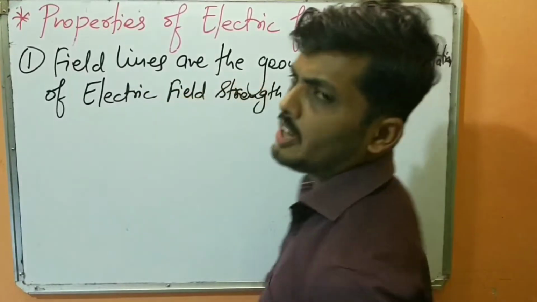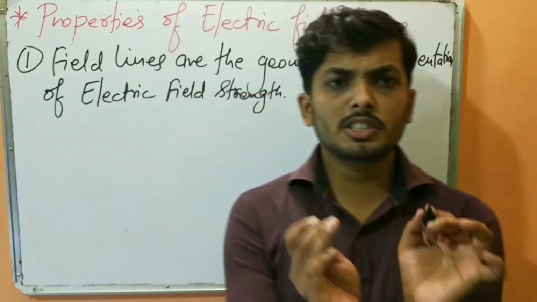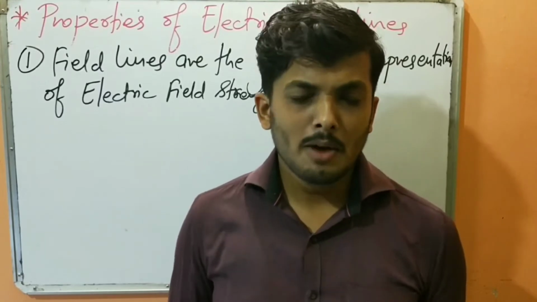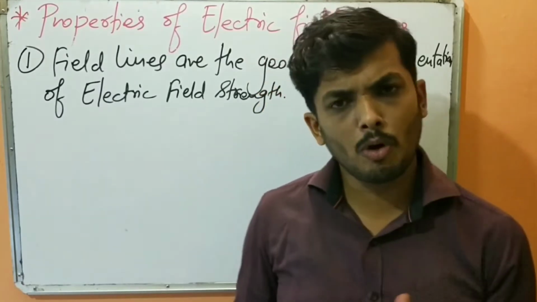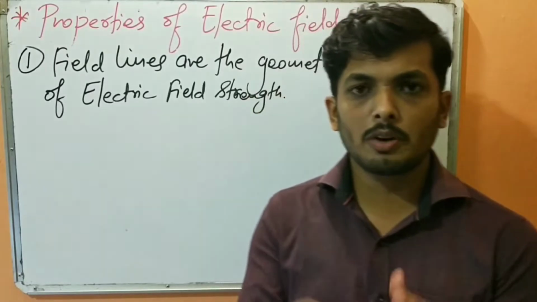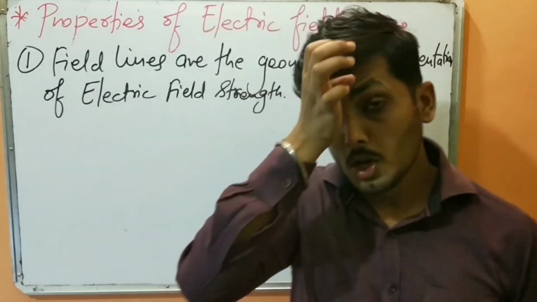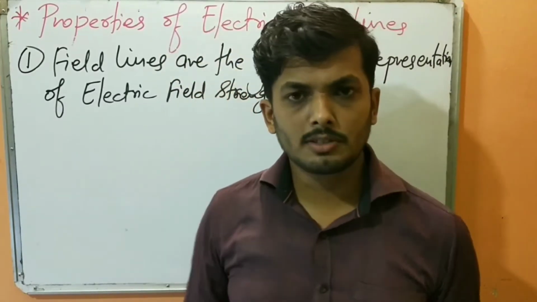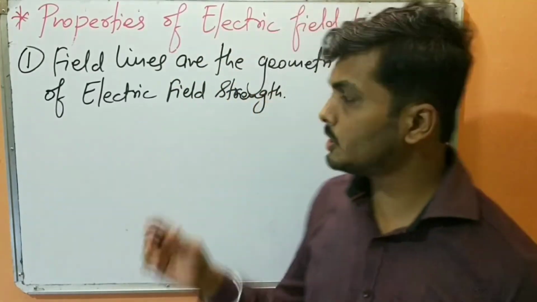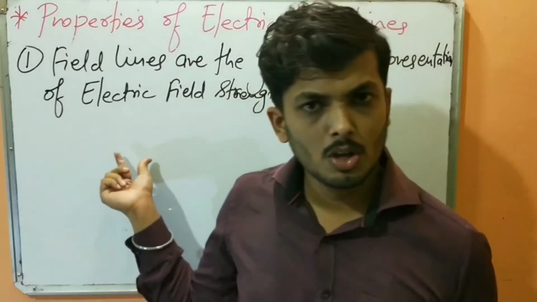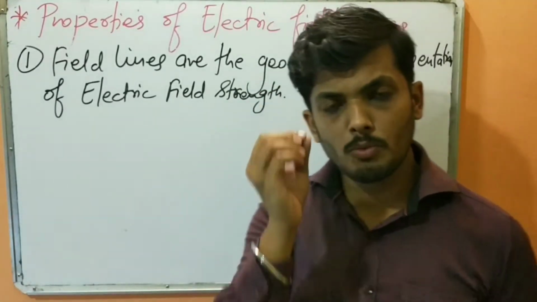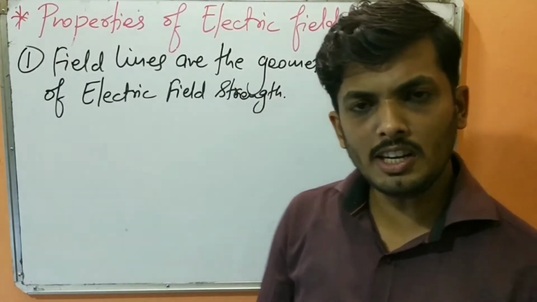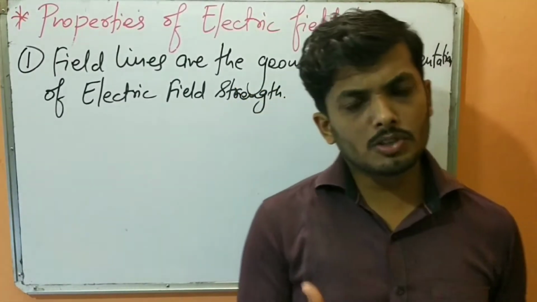So the first property is very clear. We are just systematically representing the electric field. We know that the electric field is a space, but we cannot define that space with one proper diagram, whether it is a circle, sphere, square, rectangle or triangle. So in order to avoid that confusion, we have developed the concept of electric field lines, which gives the geometrical representation of electric field strength. So more number of lines indicates the field is quite intense, or the charge is big or stronger in nature.